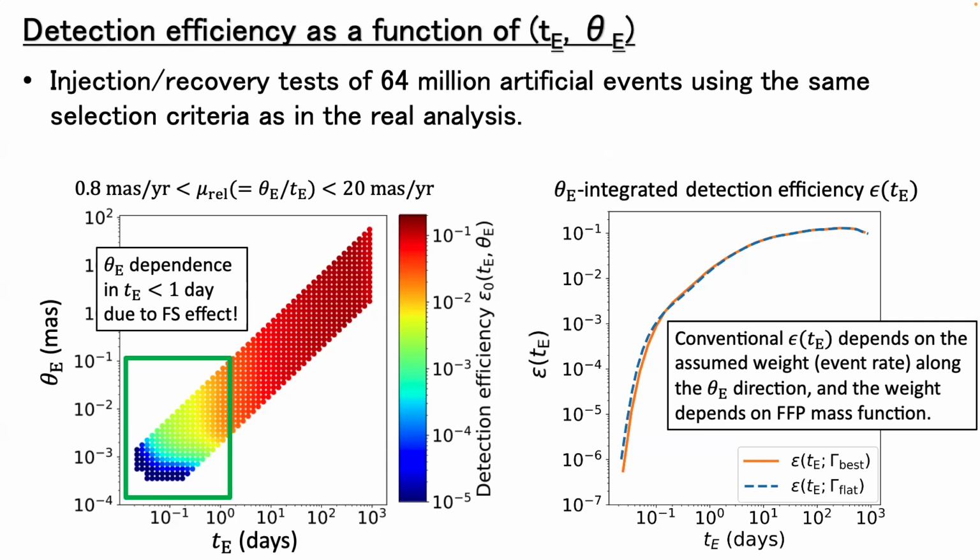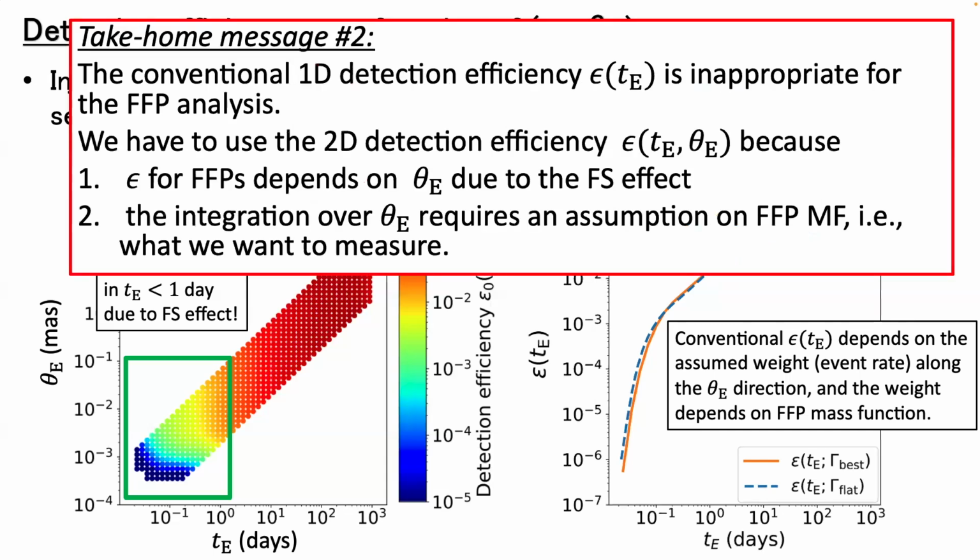Because the event rate depends on the mass function, the free floating planet mass function, which is what we want to measure, the 1D detection efficiency depends on the mass function you assumed. So this is take-home message number 2.